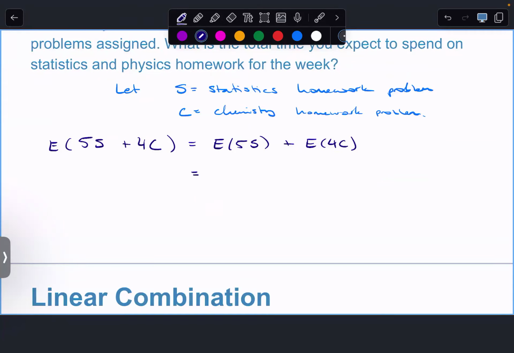But then we also know that the expected value of 5 is just 5.